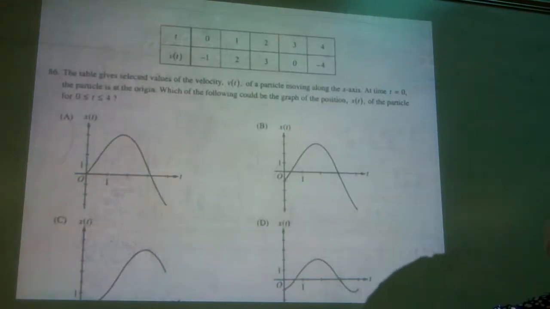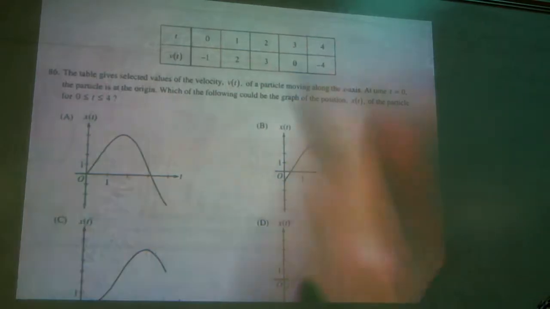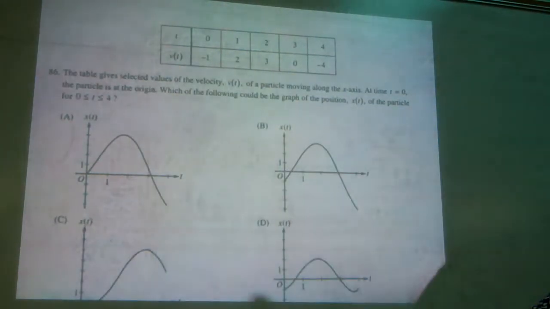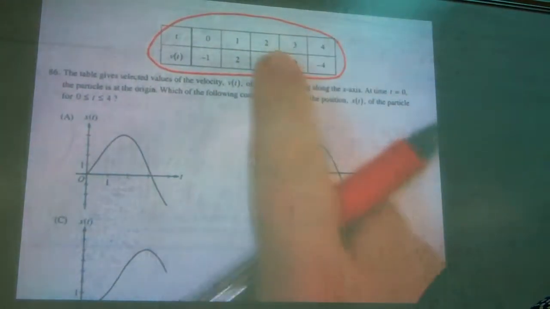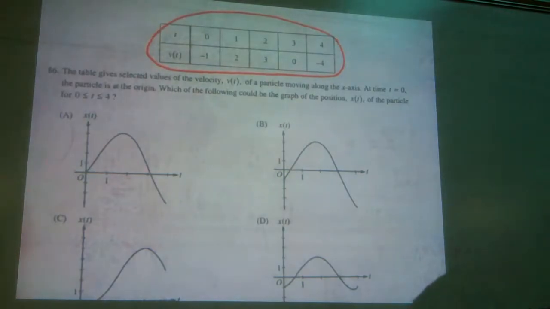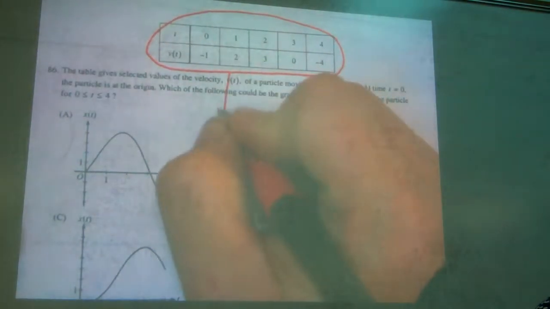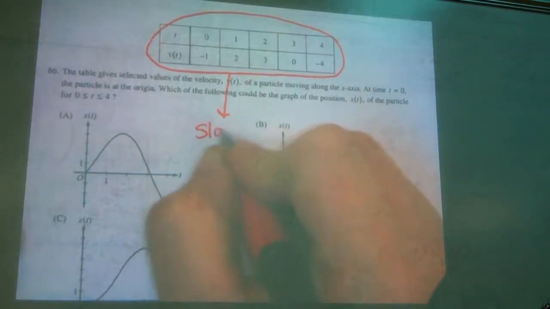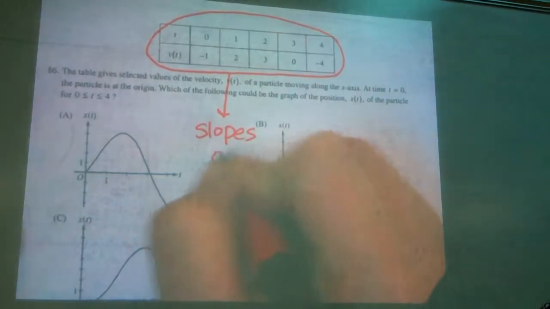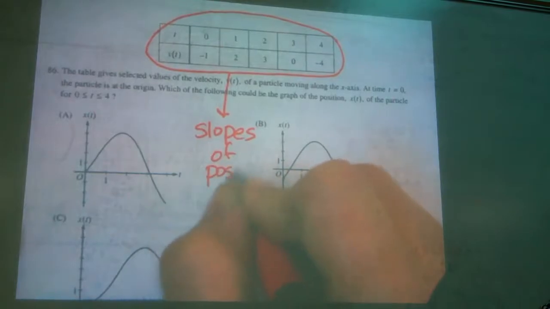Okay, the table gives selected values of the velocity for the particle. Which of the following could be the graph of the position of the particle? So if these are all graphs of position and this table shows velocity, what are these values going to be on the position graphs? The velocity values are going to become, or they are, the slopes of the position graph.